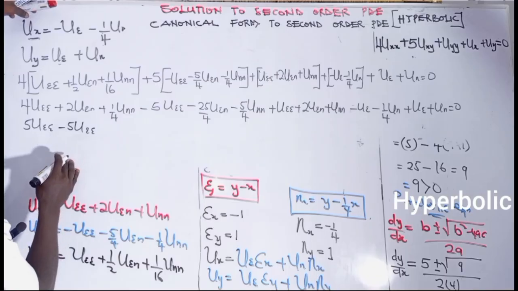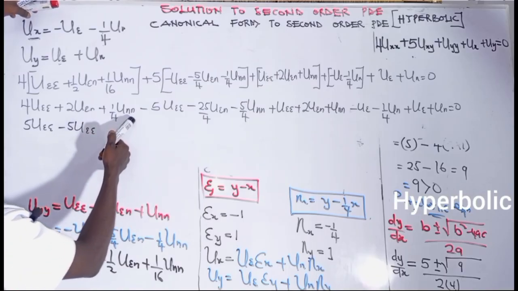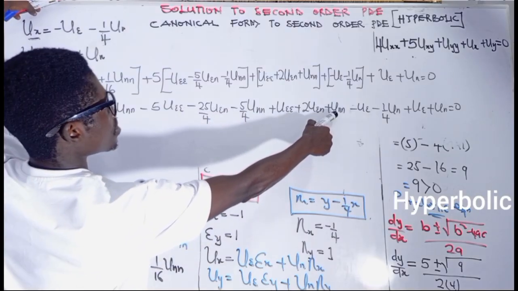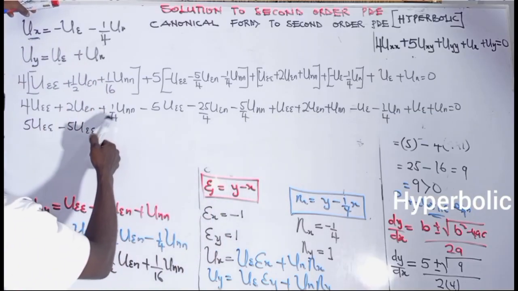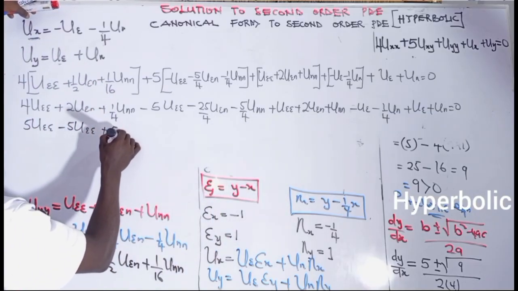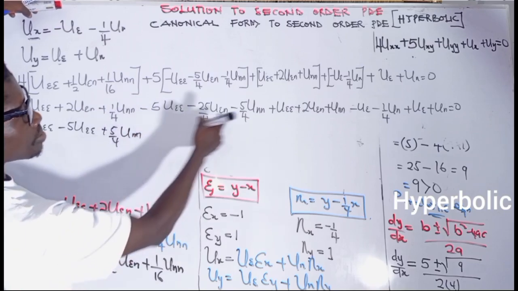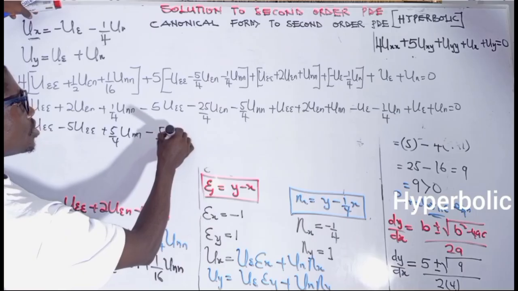Then we move on to u_eta. We have 1 over 4 u_eta, we have minus 5 over 4 u_eta, and then this and that is going to give us 5 over 4 u_eta. And then we have minus 5 over 4 u_eta.